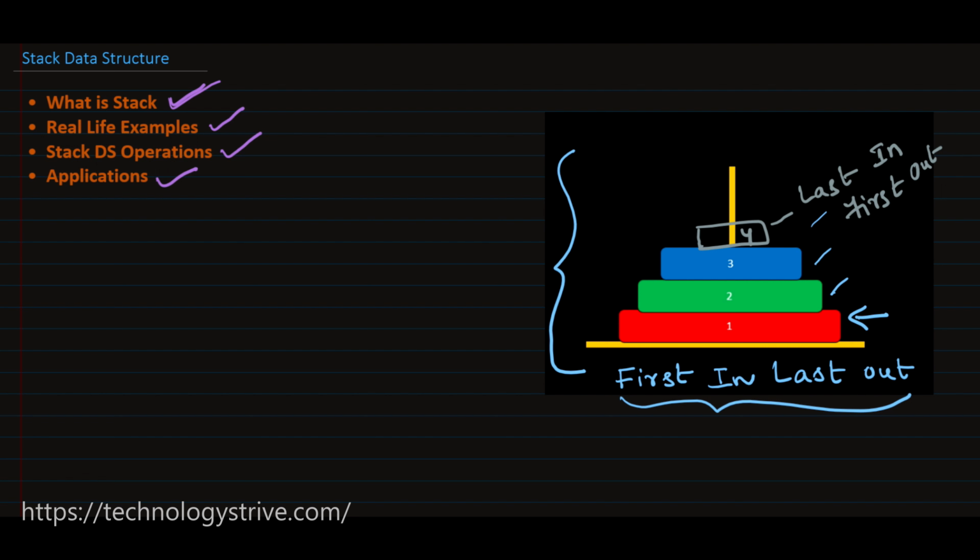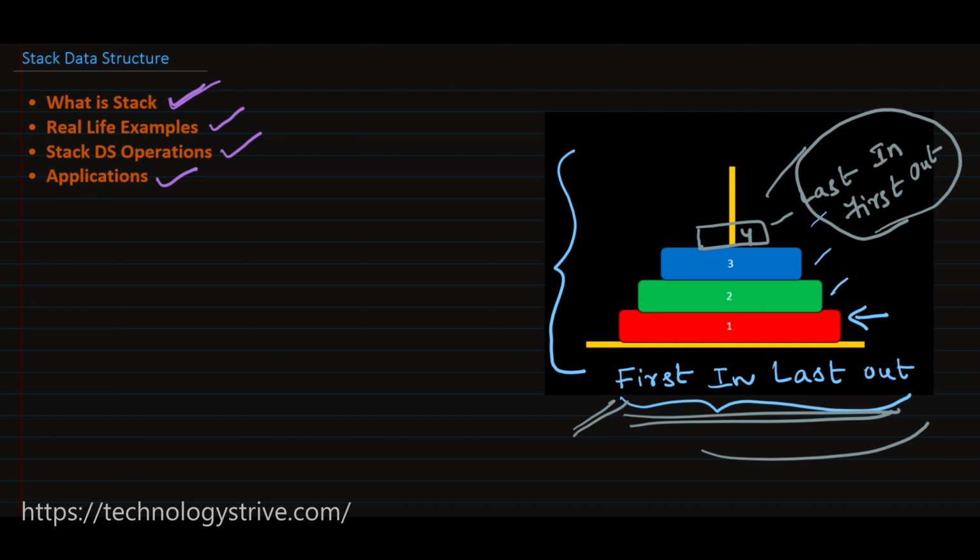So data structure is nothing but which is used to store and manipulate the data. But this has some specific quality that whatever we added at the end is going to be removed first, or whatever we added at the first is going to be removed at last.